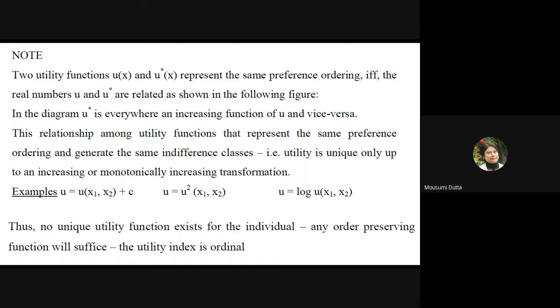Next, two utility functions, U(x) and say U star(x). I am considering two utility functions, U, which is a function of x, and U star, which is also a function of x. They represent the same preference ordering if and only if the real numbers U and U star are related as shown in the following figure.